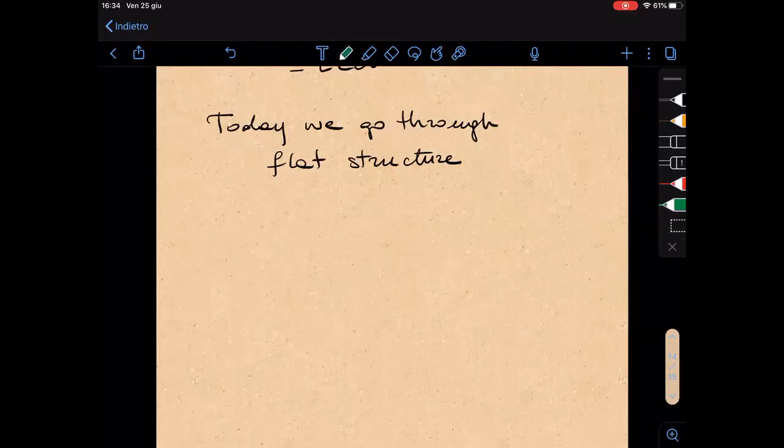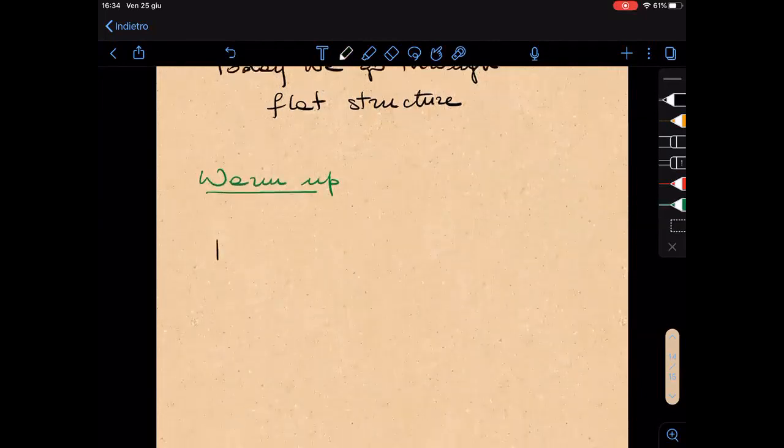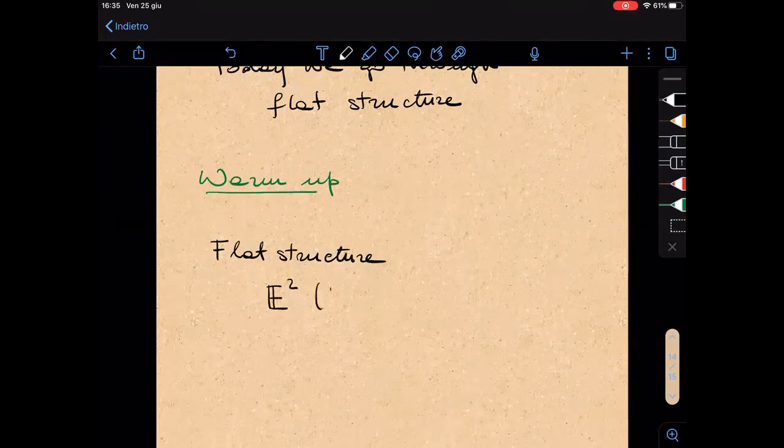First thing, some recalling. This is a kind of warm up. So flat structures. I recall these flat structures are geometries locally modeled on E2, or perhaps R2 if we do not preserve any metric.